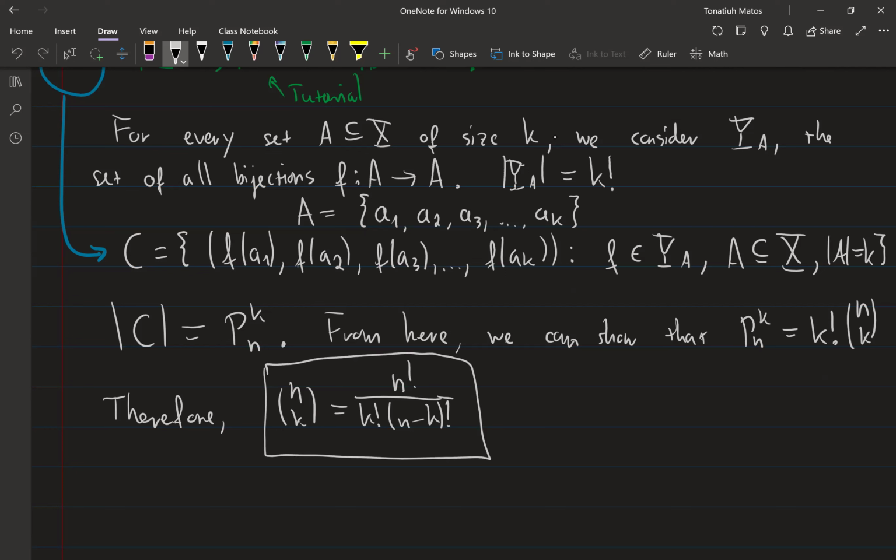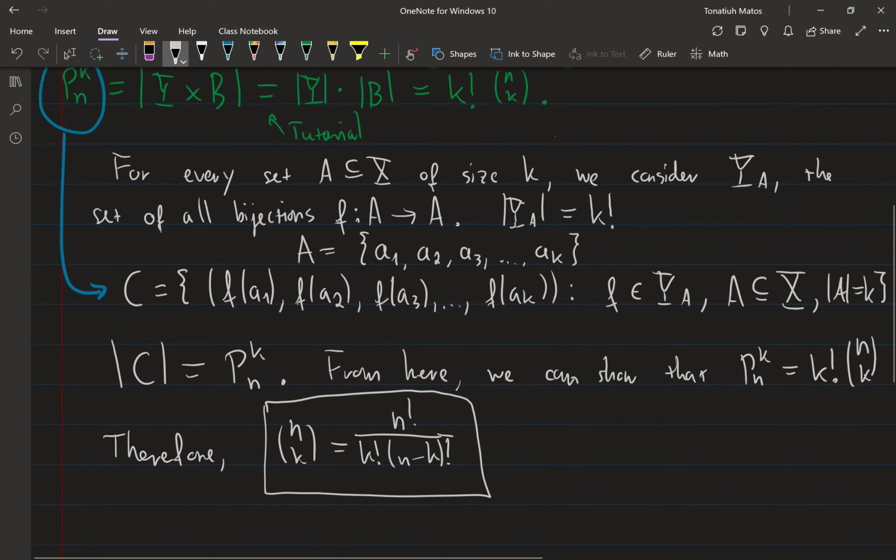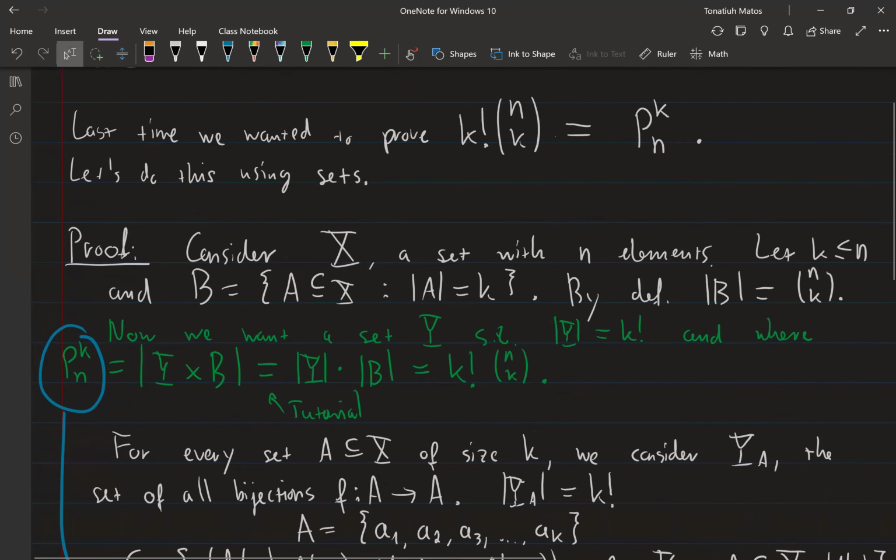Now, as you can probably tell, this proof isn't very enlightening, right? It's just formalizing the very intuitive idea that we already have. And in the worst case, it even confused you. So this is why I want to emphasize that these proofs are useful in the sense that you should keep in mind what these symbols mean beyond the algebra, beyond just solving for some variable, canceling out the factorials.